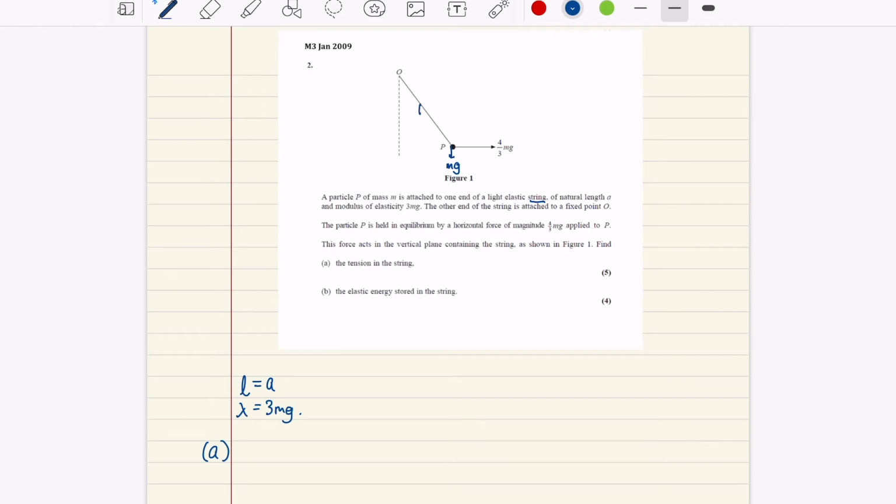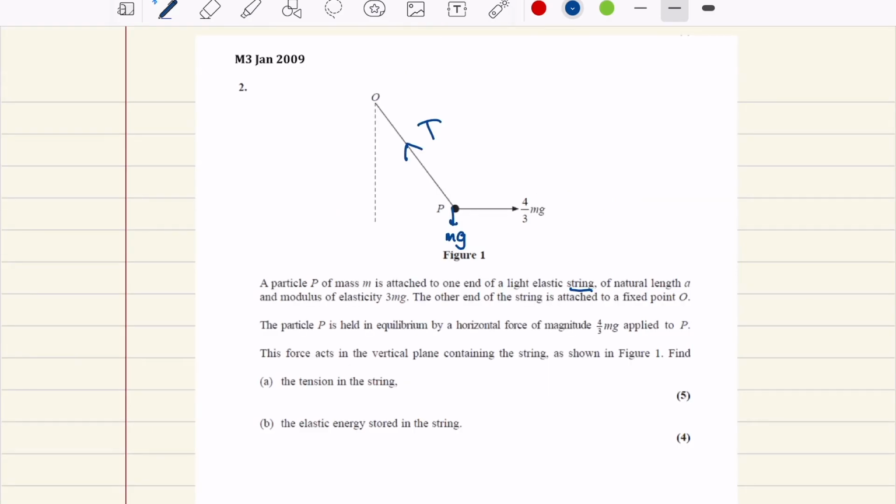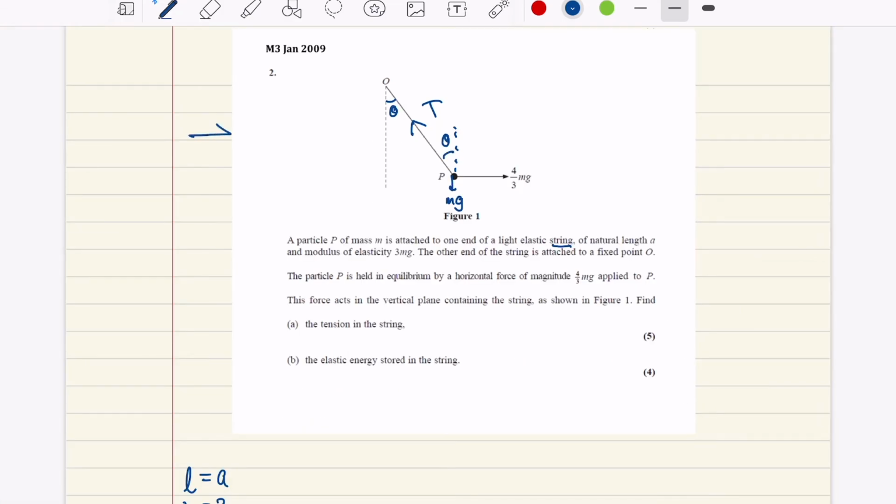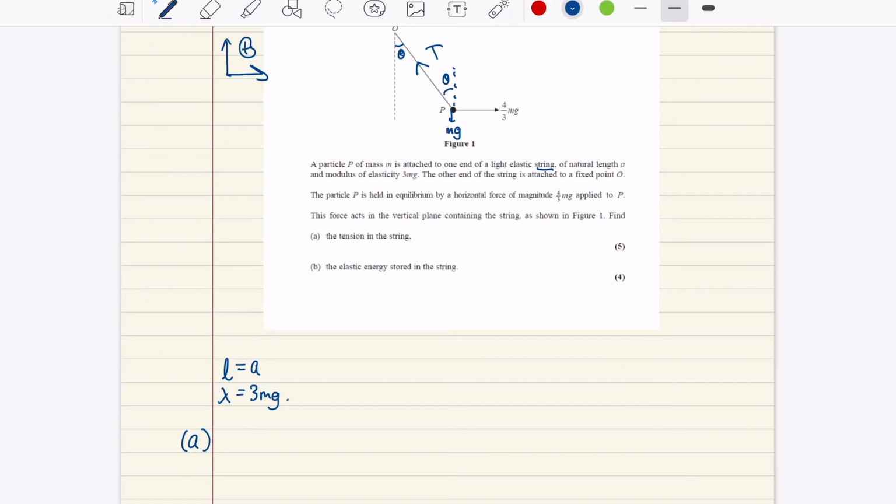There will be a tension in the string. Imagine we have theta here, so this will also be theta. By taking right side and upwards as positive, for the y-axis, F equals ma.